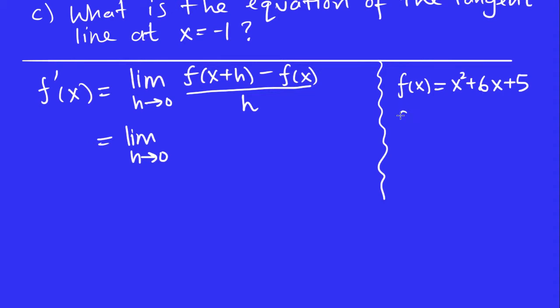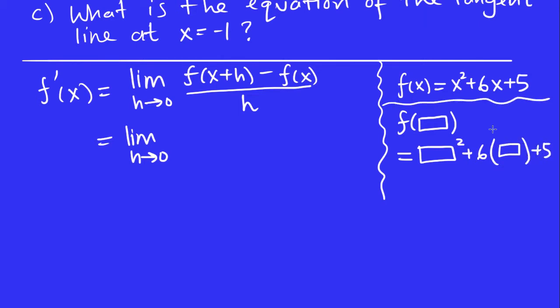What do you think f of x plus h would be? The way I'm going to answer that is like this. F of anything is equal to what? Well, it's that thing squared plus 6 times that thing and then plus 5, okay? So if you understand what I'm doing here, really all I did is I replaced x by an empty box.